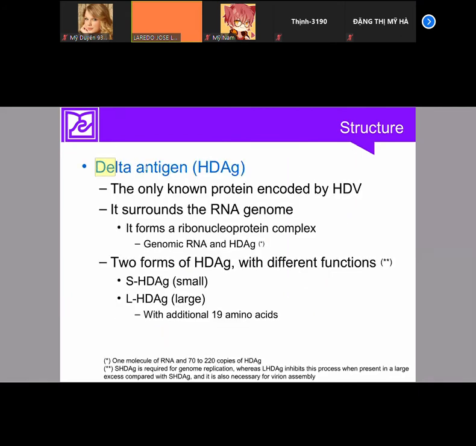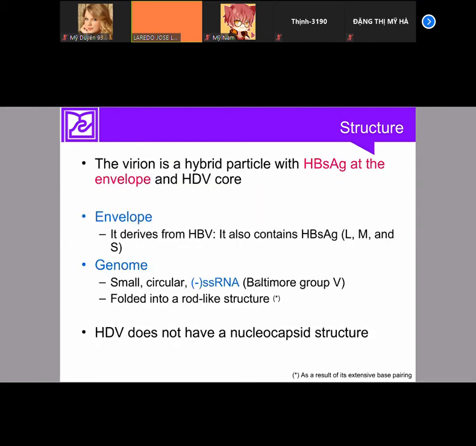This is called the delta antigen, hepatitis D antigen, the only protein encoded by hepatitis D virus, the only one, surrounding the nucleic acid in two forms, small one and large one, but this is not important for you.